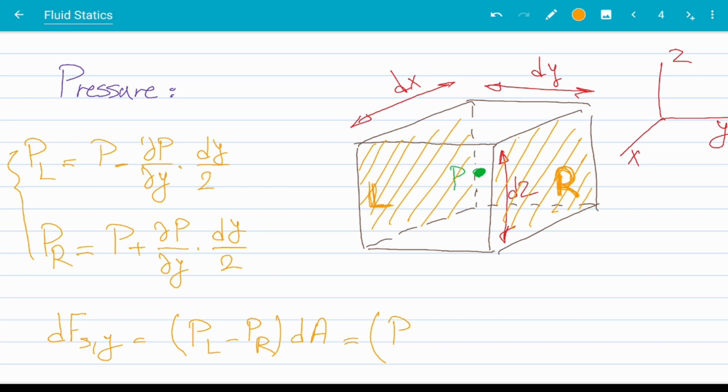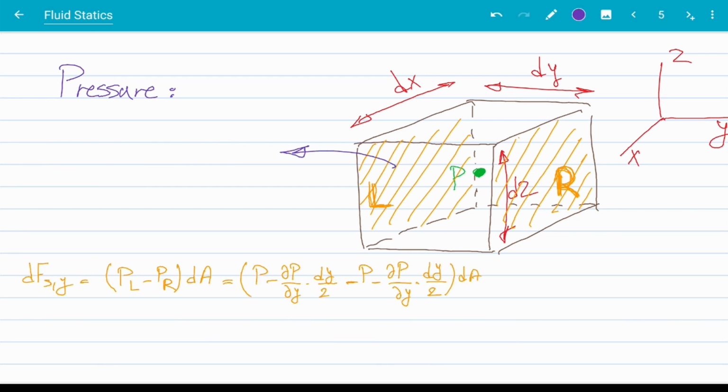I get P minus partial P partial y dy over 2, minus P plus partial P partial y dy over 2, times dA. So the area of these orange surfaces is dA equals dx dz. They're just normal rectangles. One side is dx, the other side is dz. So obviously the area will be dx times dz.